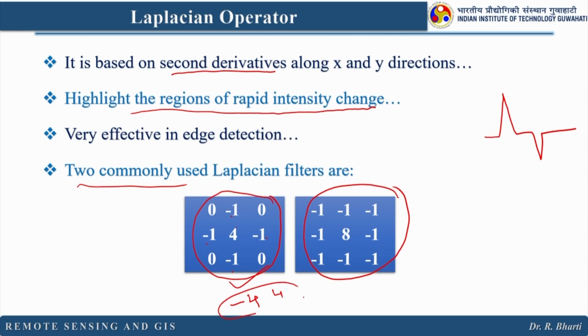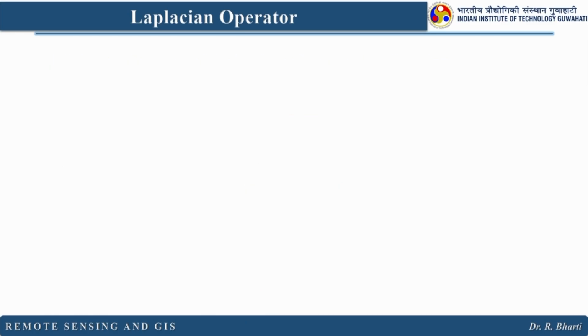So effectively we are not adding or subtracting any value for this particular neighborhood. Similarly here the center is 8, and if you sum all the other values it will be minus 8. So minus 8 plus 8 is 0, right? This is the beauty of this Laplacian filter. You can design your own Laplacian filter, provided that the sum of it comes to 0.